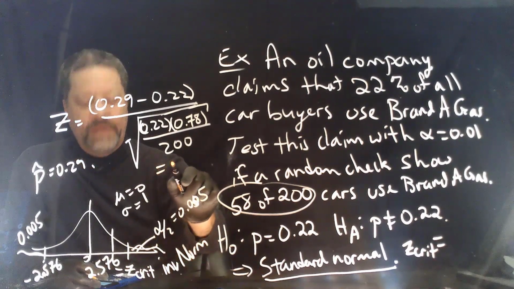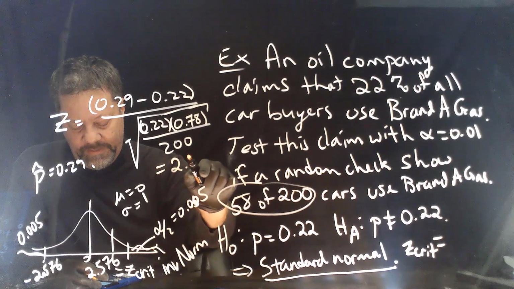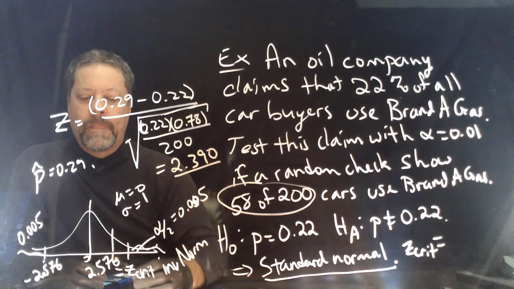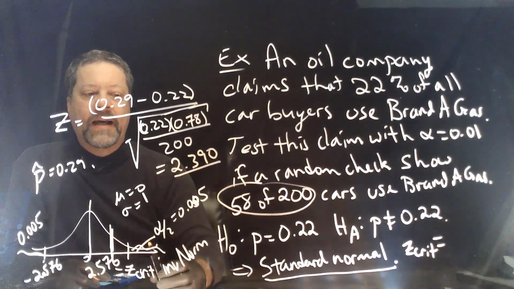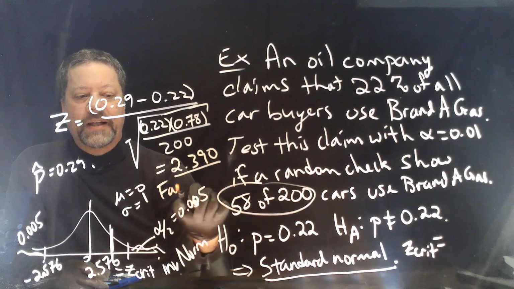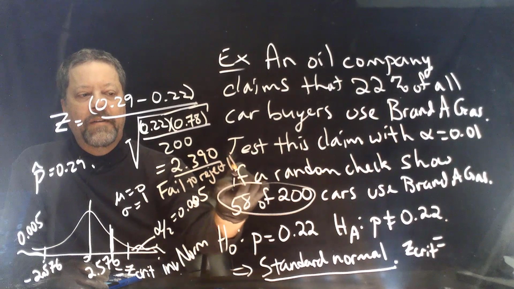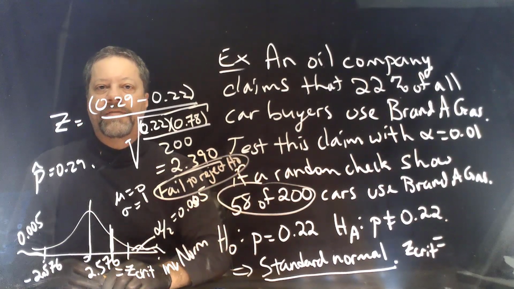The z-score that we get is 2.390. That doesn't fall in the critical region, and so we fail to reject the null hypothesis. That will be the conclusion of this test.